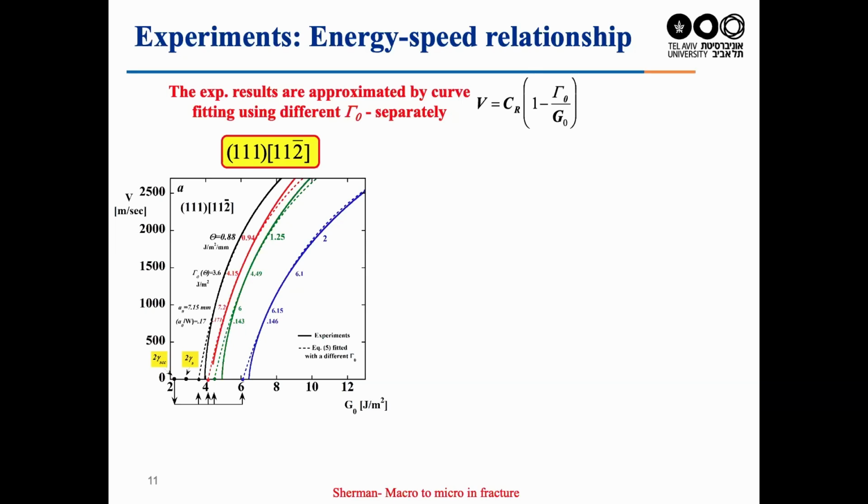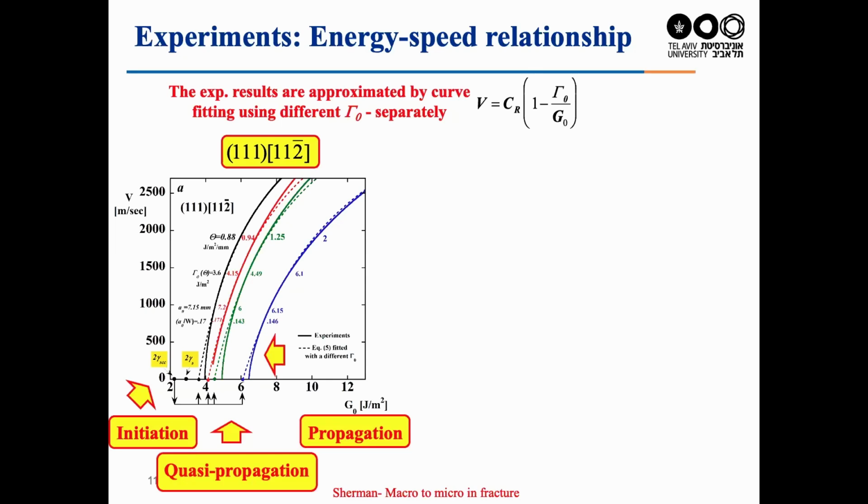And here, what we know about fracture of brittle materials is that you have two stages. One is initiation, the other is propagation. And what we claim is that we have in between quasi-propagation.